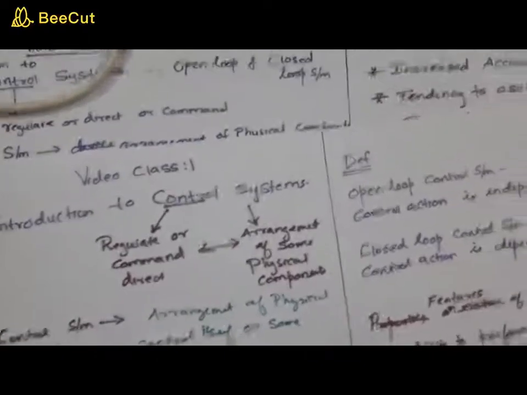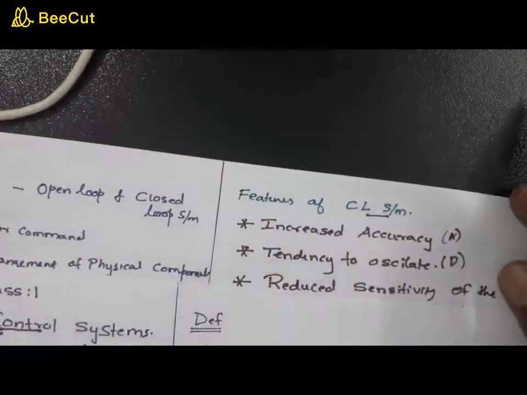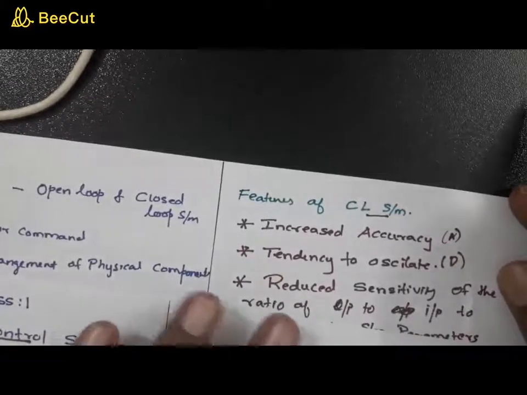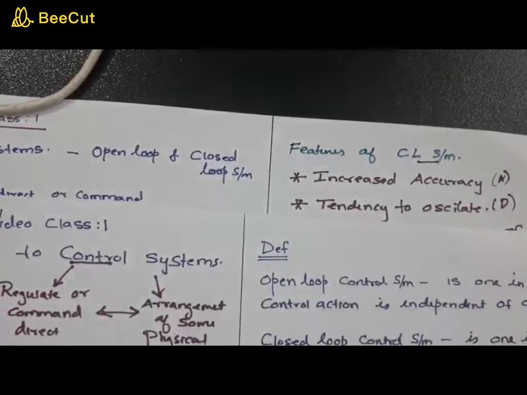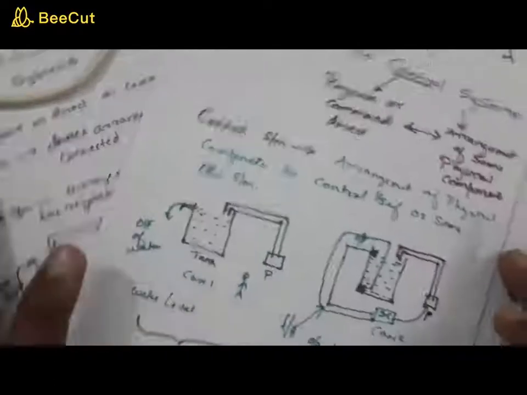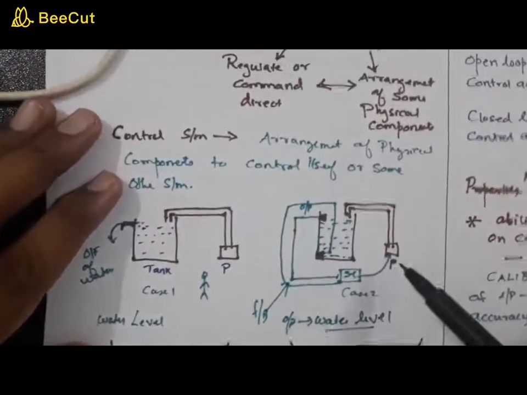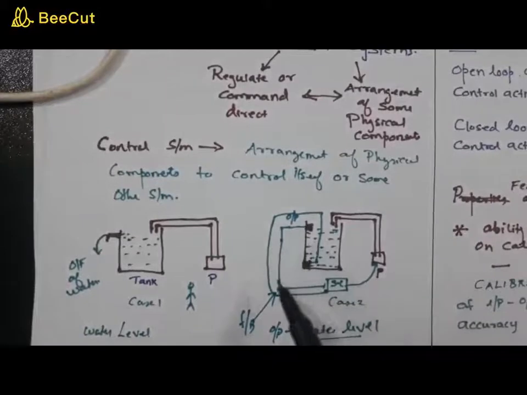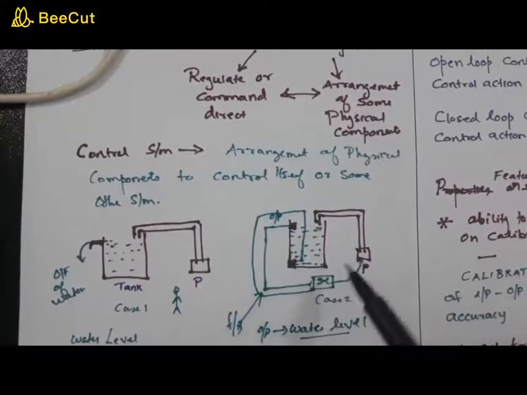Now, the second point is the tendency to oscillate. As I've mentioned earlier, oscillation is a result of feedback. Since the closed loop control system has feedback, there is always a tendency of the system to oscillate, and that's a drawback.